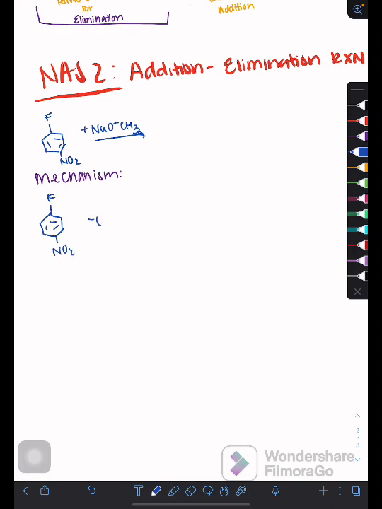Then we're going to have this OCH3. And then this oxygen is going to attack this carbon because this is delta positive and then this is delta negative. So then this double bond is going to go here, attack there, which will give us this OCH3 here. The F there. This carbon looks like this. Our ring looks like that, and then we have our NO2.